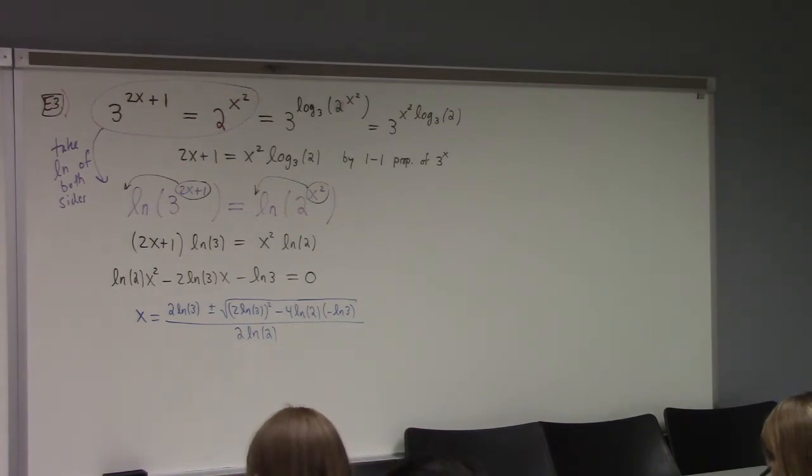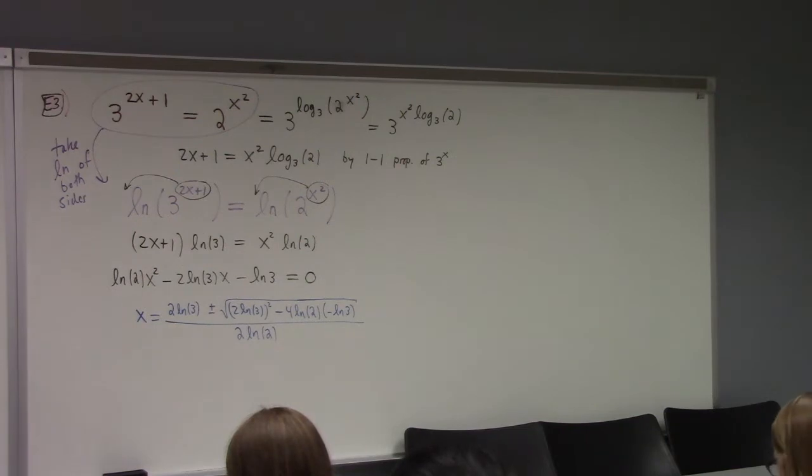So we've got log 2 for A, minus 2 log 3 for B, and my C was minus log 3.